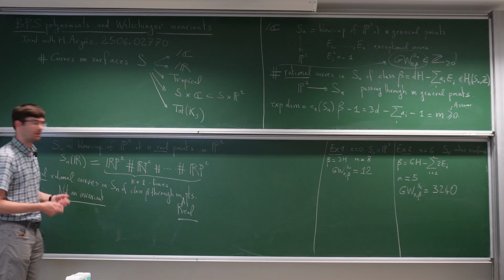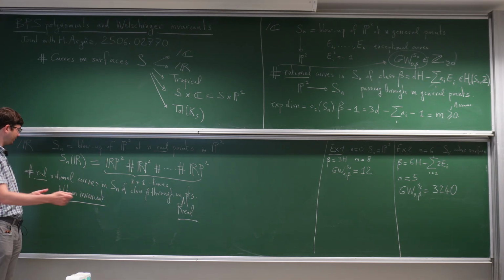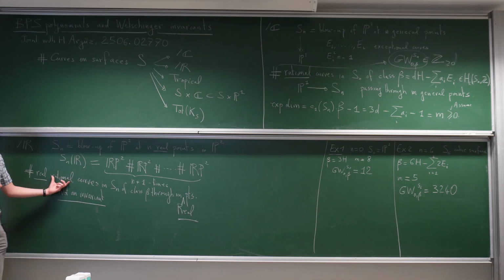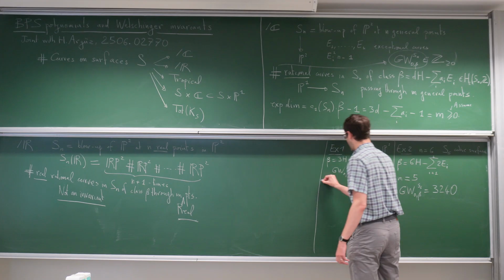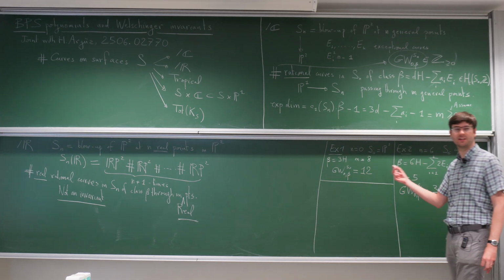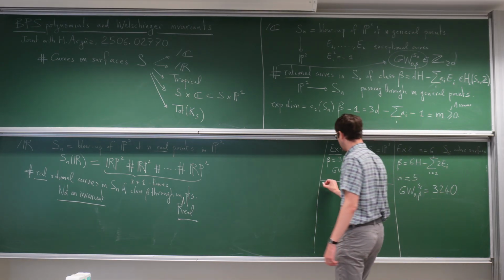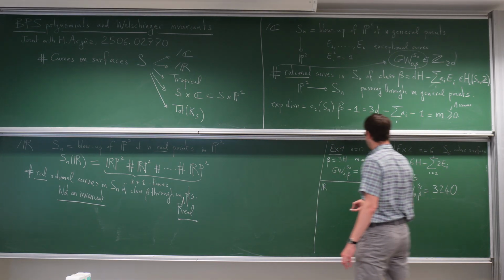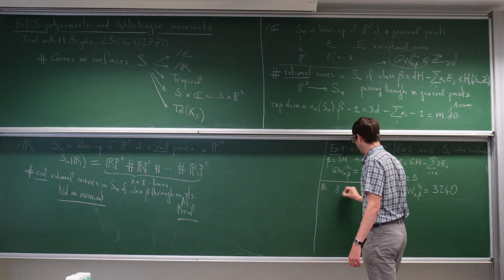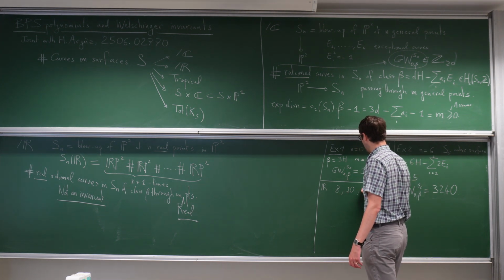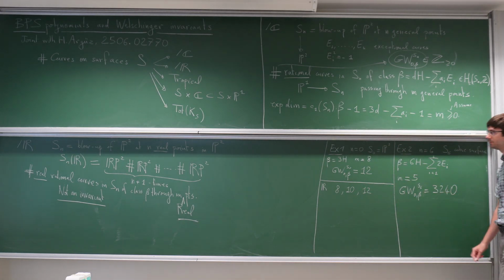So the complement might be a union of different connected components, and when you go from one to the other, there is no reason for this count to remain the same. Even in the simplest possible example of rational cubic curves in P2 passing through 8 points, if you ask what happens over the real numbers, depending on the configuration of 8 points, you might get 8 real curves, 10 real curves, or 12 real curves. So you might get different answers.